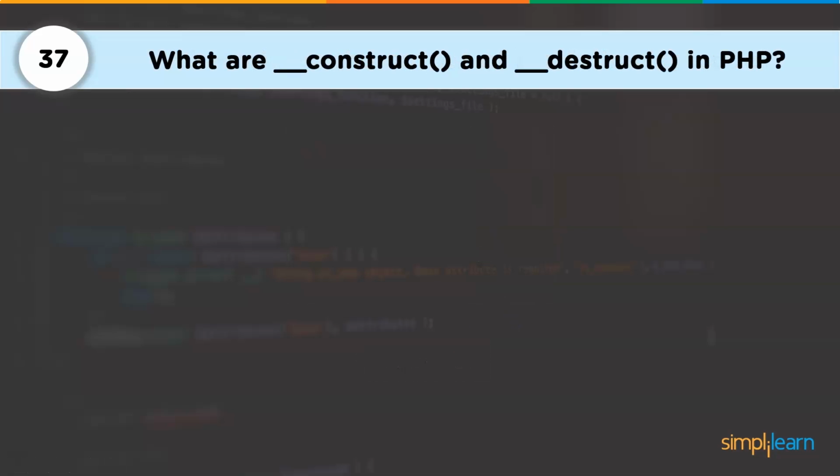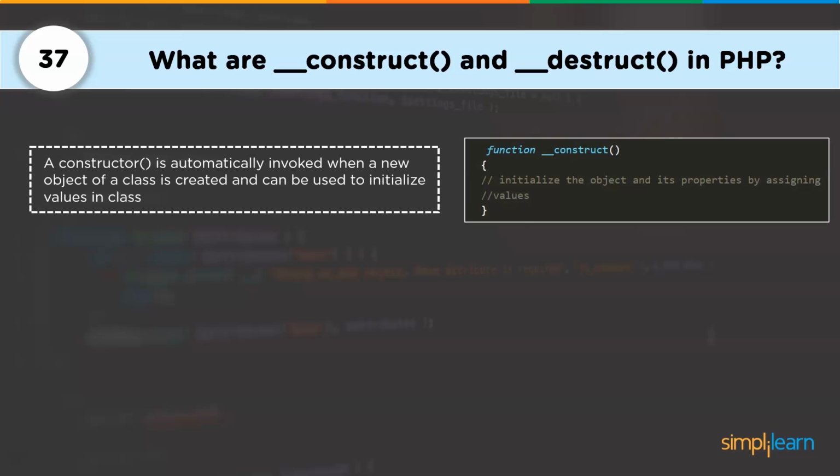Moving on, what are construct function and destruct function in PHP? So a constructor or construct function is automatically invoked when a new object of a class is created and then can be used to initialize values in the class. So when you create an object for a class, a constructor function is automatically invoked.